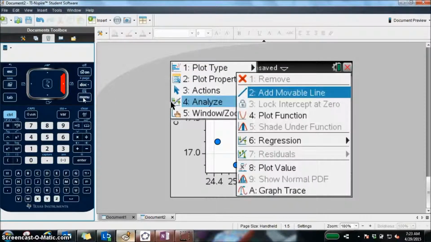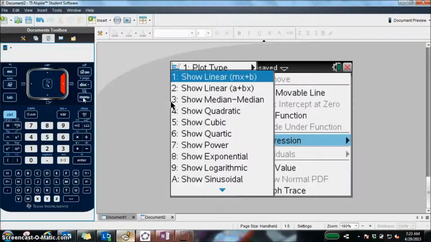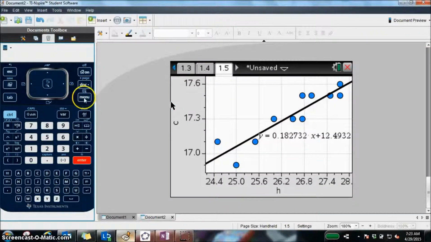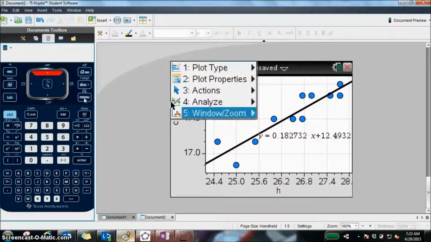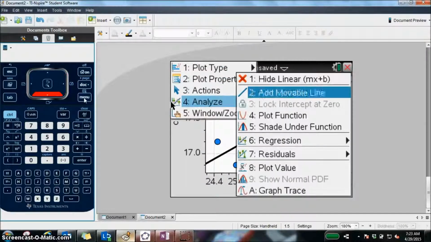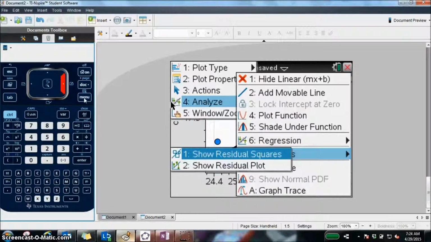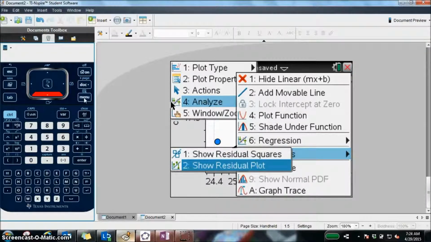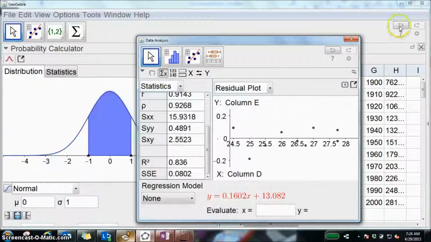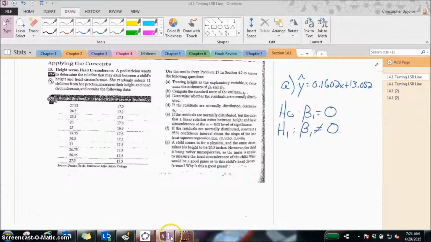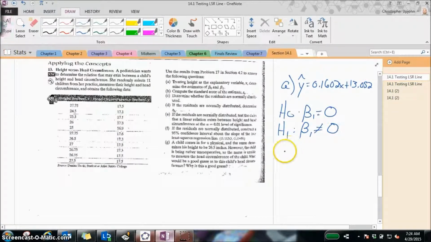We have to do regression first. Then we can do, nope, we're not doing that either. We will have to come back to that. I don't know. So residual plot. And then we get our normal probability plot. You can see that they're pretty close. It's a little bit different than what we've done before.